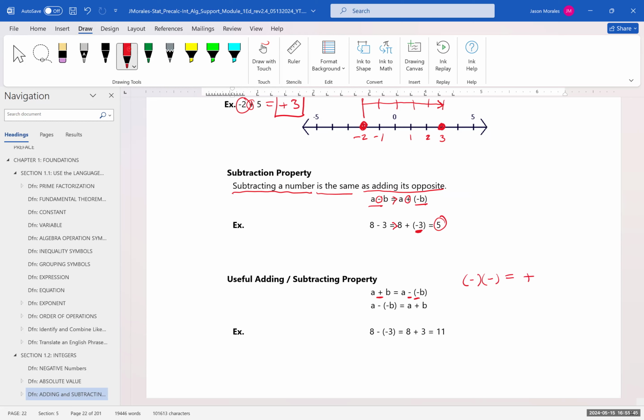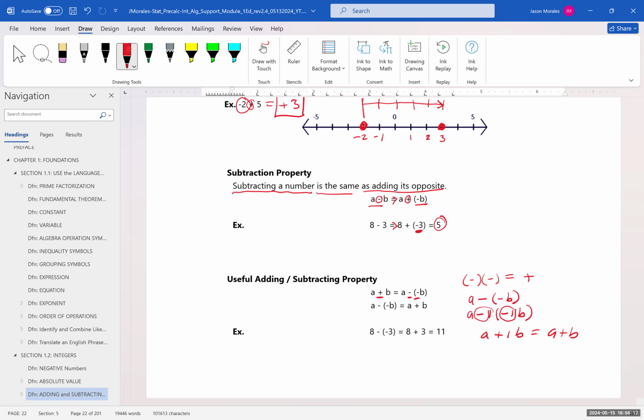So you could think of a minus a negative b as being a minus 1 times -1b, and a -1 times a -1 gives you a +1b, which is just a plus b.